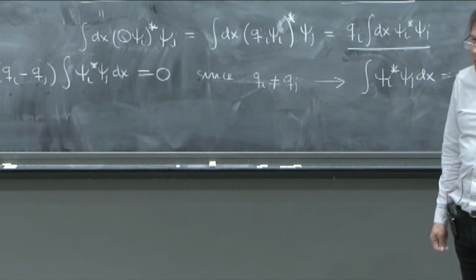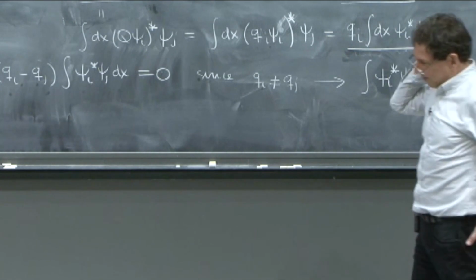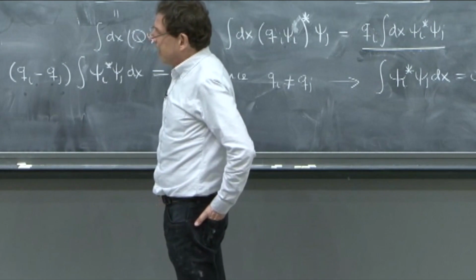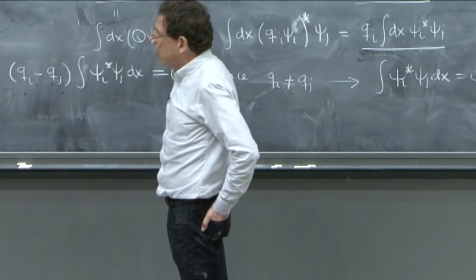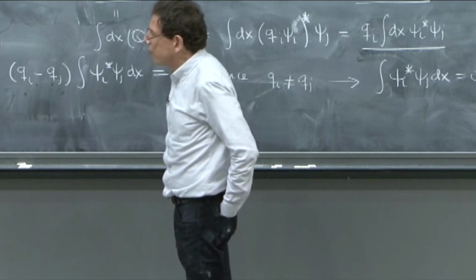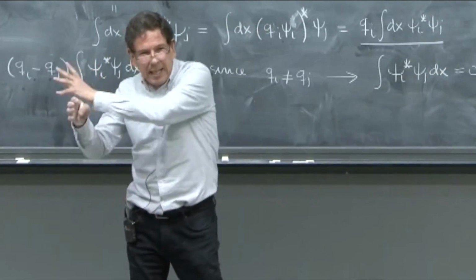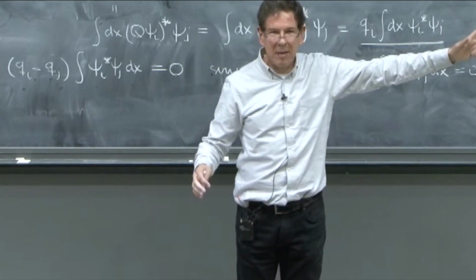So why did it all become possible? It all became possible because Hermitian operators are rich enough to allow you to write any state as a superposition of them.